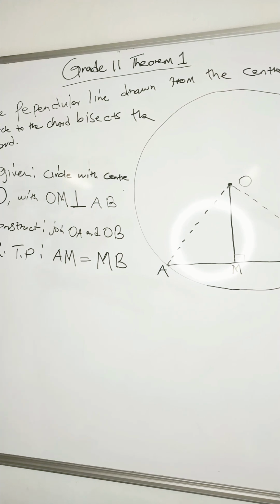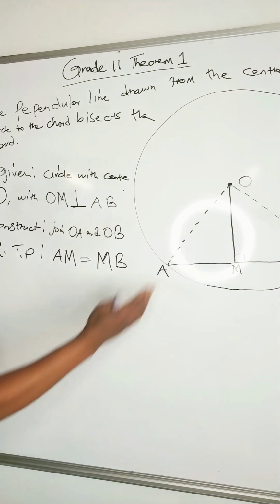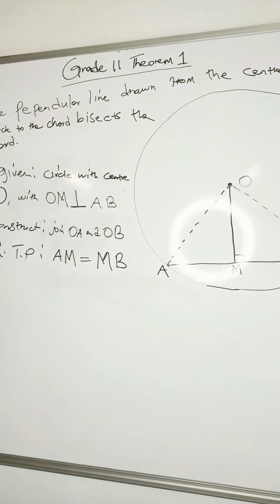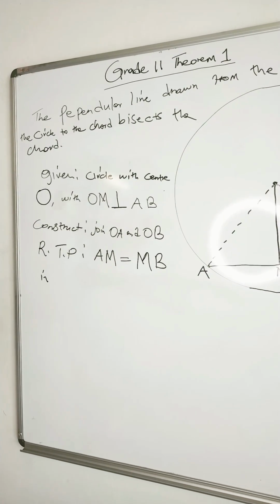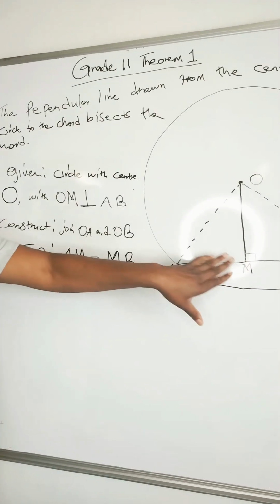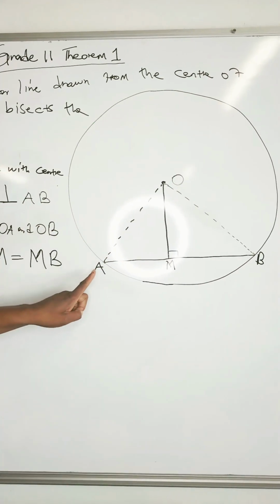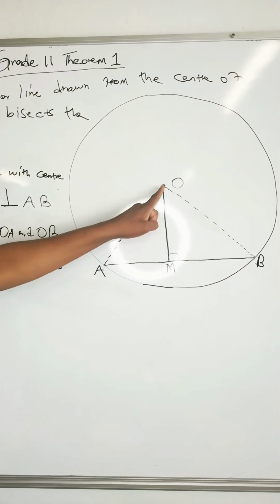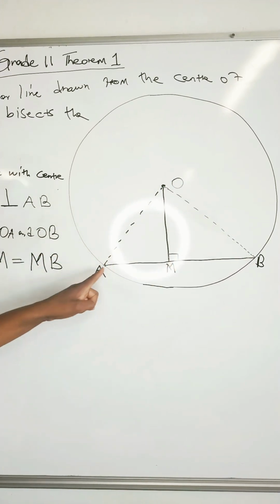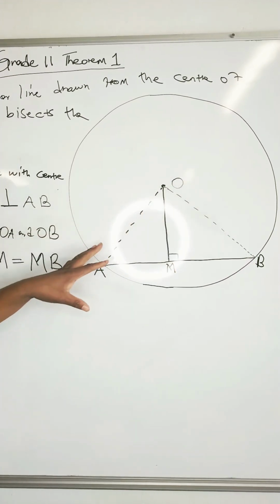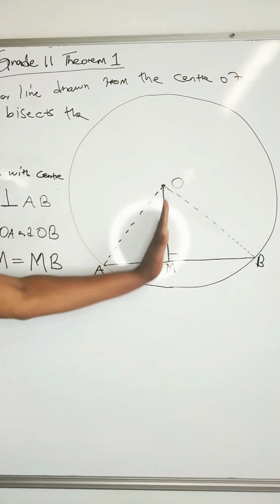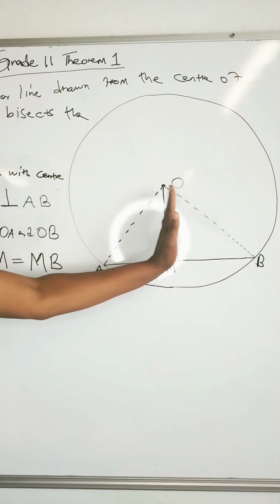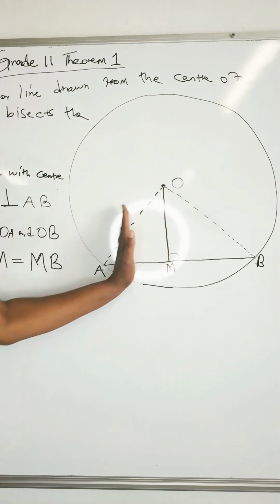Then, where are we going to start proving here? First of all, you can see that this is a big triangle. It starts here, goes that part, and comes back here. But that big triangle is divided into two triangles.